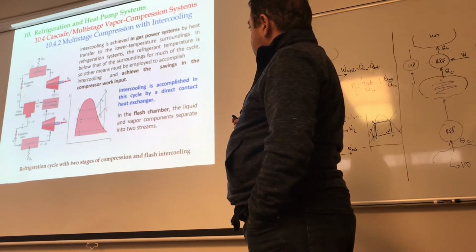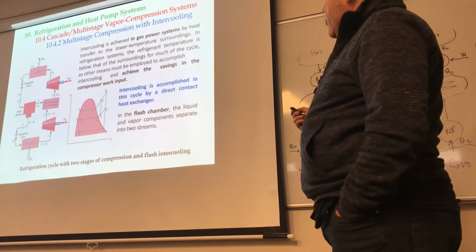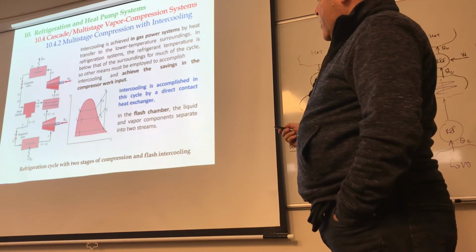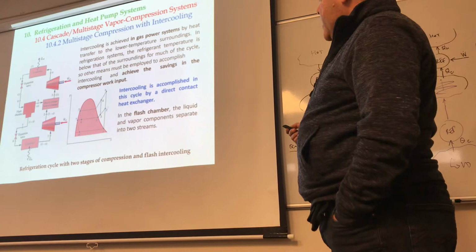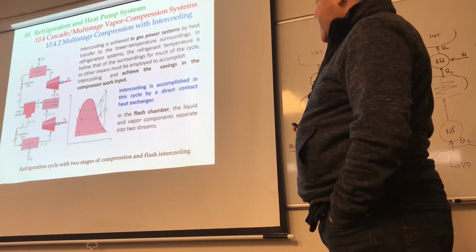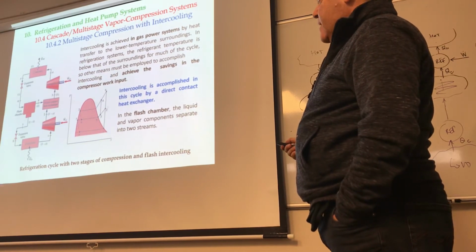Intercooling is achieved in gas power systems by heat transfer to the lower temperature surroundings. In a refrigeration system, the refrigerant temperature is below that of the surroundings for much of the cycle, so other means must be employed to accomplish intercooling and achieve the saving in the compressor work. See, I'm saving this amount of work.